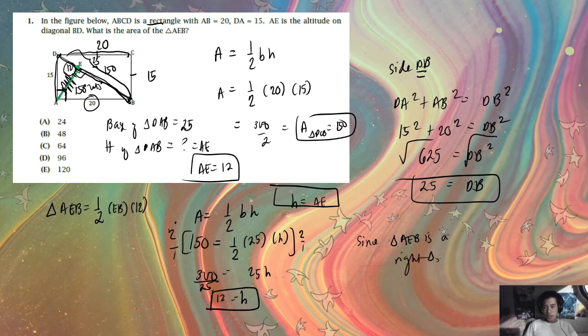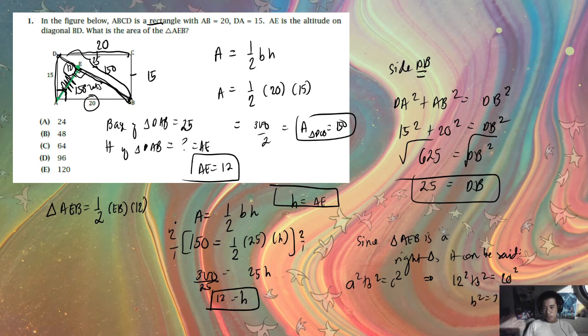Since it's a right triangle, we can conclude that a squared plus b squared is equal to c squared. Since we already know the hypotenuse of this right triangle is 20, and our given was 12, we have 12 squared plus b squared is equal to 20 squared.